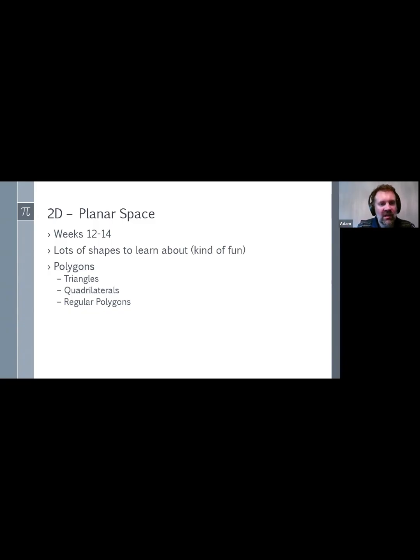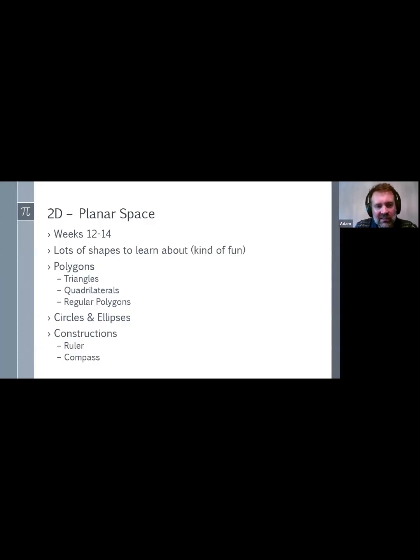triangles, quadrilaterals, regular polygons. You learn about circles and ellipses for a week, and all the terminology around circles and ellipses. And you get to week 14 where you do constructions, and that's where you get your ruler out and you get your compass and you get to construct various shapes, and you get to do bisecting of angles and of the sides.